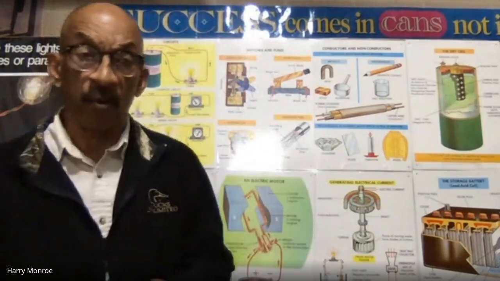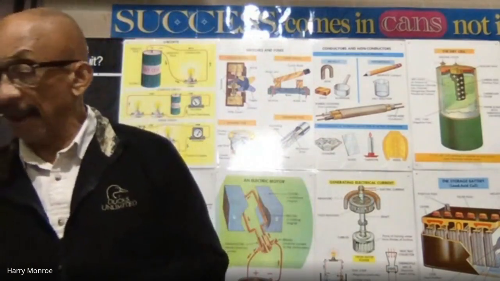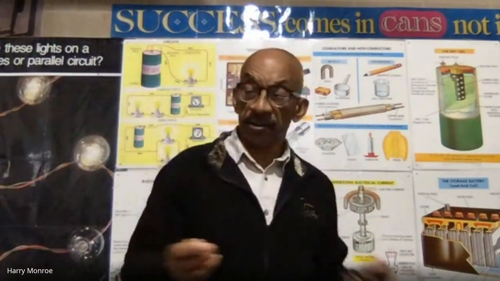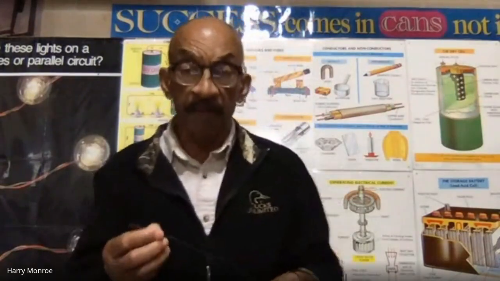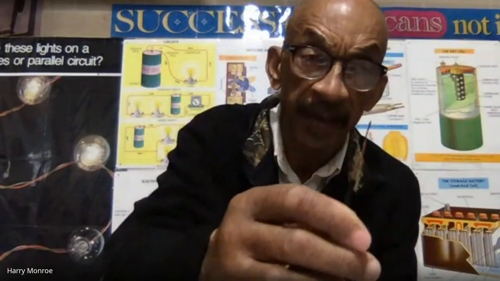On one of the circuit boards, we're going to be using a very tiny light bulb. And you heard Ms. Fuller talk about insulation and the best conductors. We're going to be using several pieces of copper wire that have insulation around them.